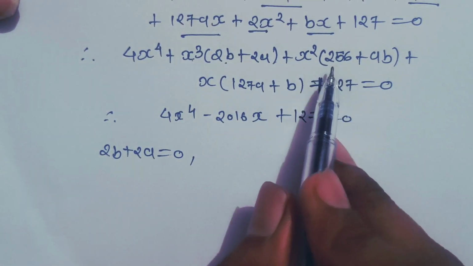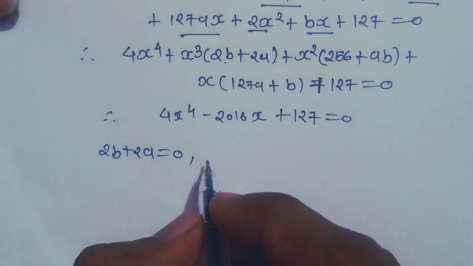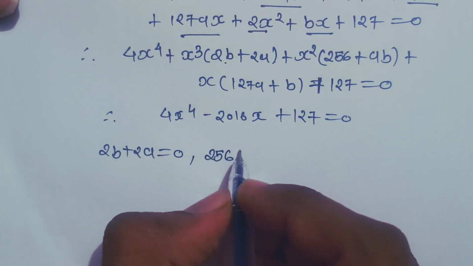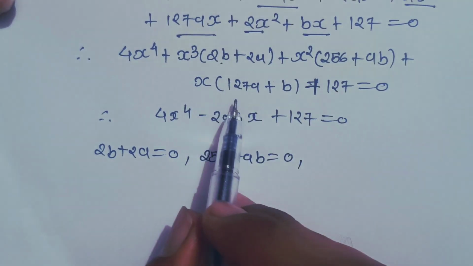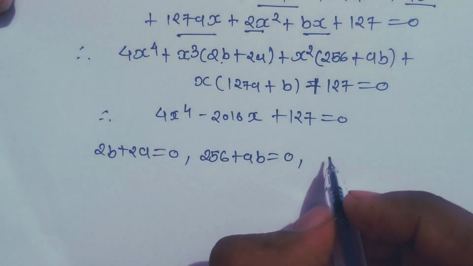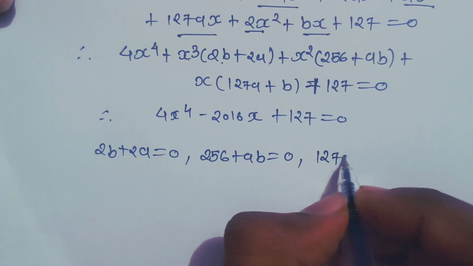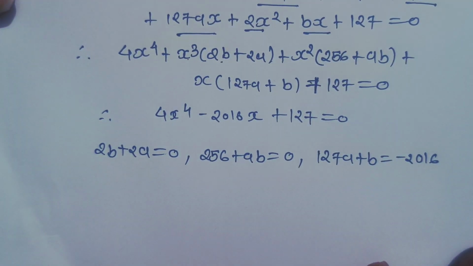The x square coefficient is 256 plus ab, and x square is not available in the given equation, so 256 plus ab equal to 0. The x coefficient is 127a plus b, and in the given equation it is minus 2016, means 127a plus b equal to minus 2016. This is clear.